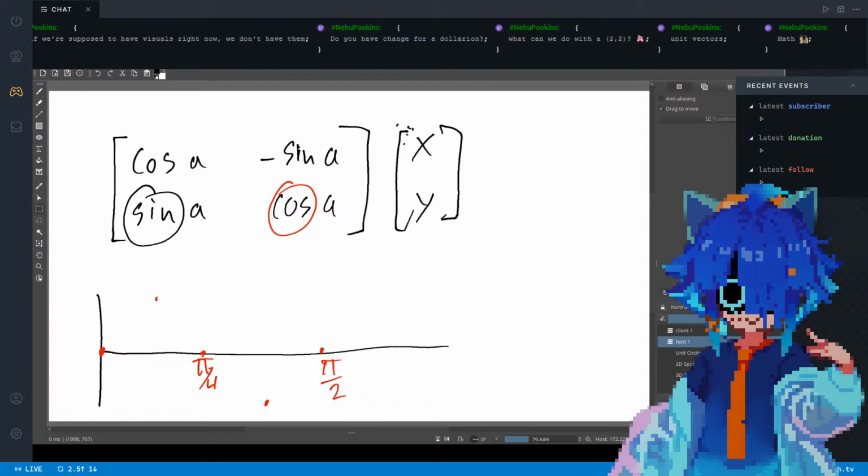And it winds up creating this sort of sine wave type look where we go up and back down.